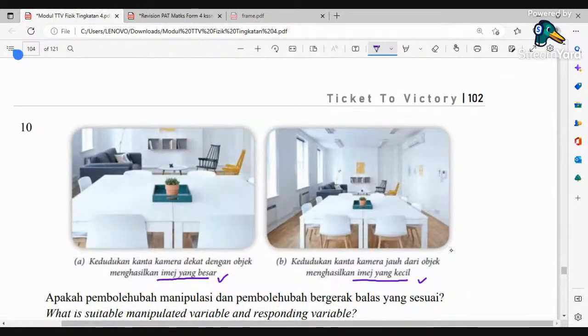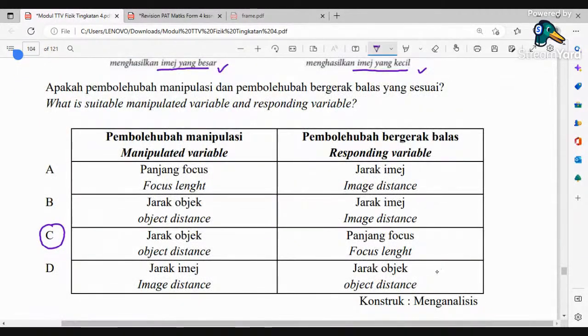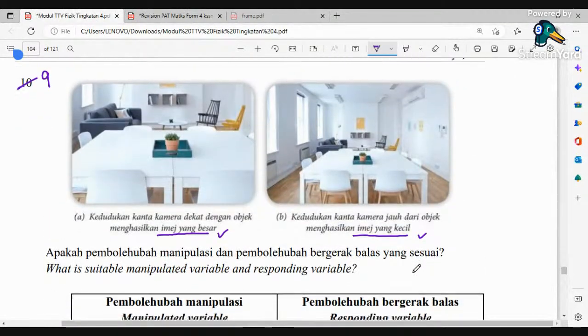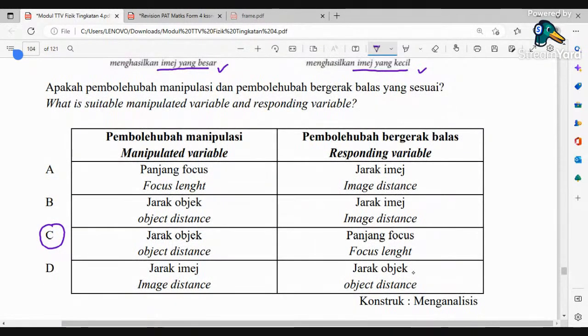Should be number 9. Wait, I check again. Further object produce a bigger image. Sorry focus. How come focus pula? Because focus length ni adalah ini should be a constant variable.